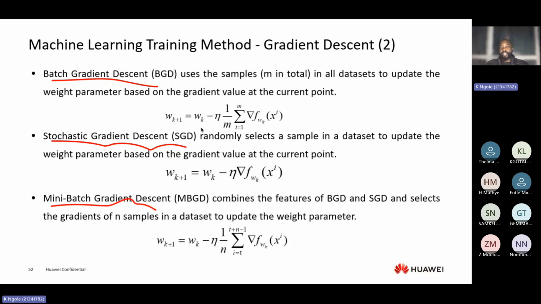So what is the weight parameter? Let's say these are the features we're using to determine someone's face. For example, we have the eyes, the nose, and the lips.